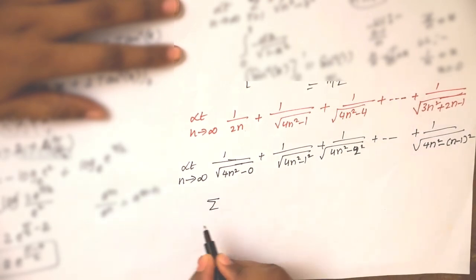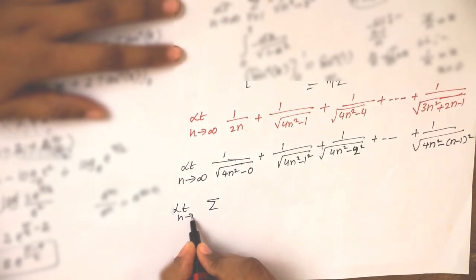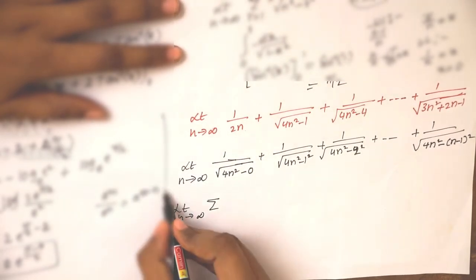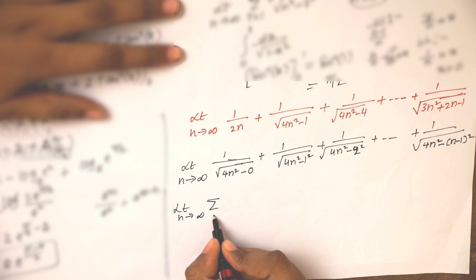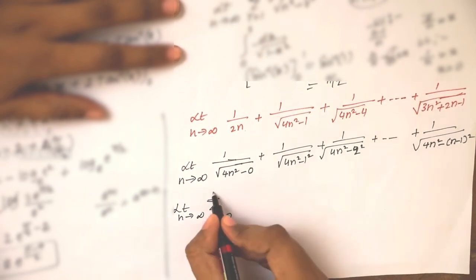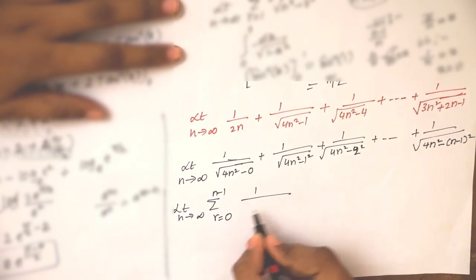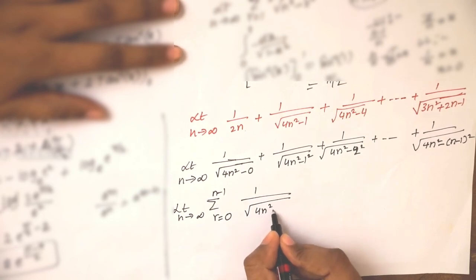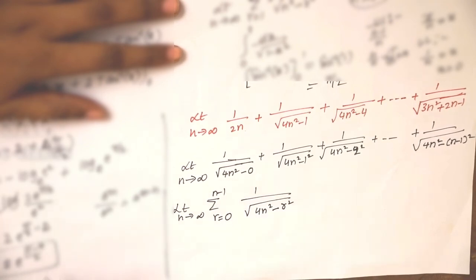So here limit n tends to infinity, r varies from 0 to n minus 1, 1 by root over 4n square minus r square.